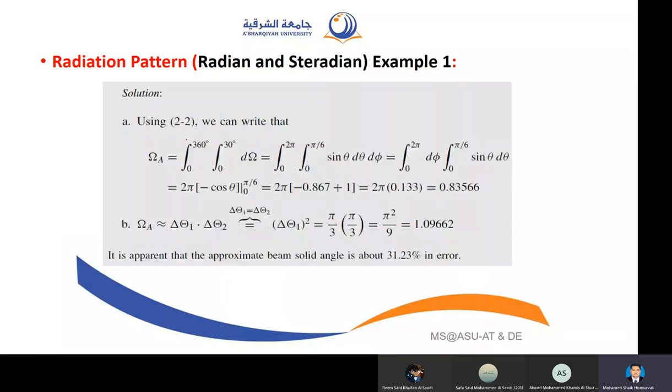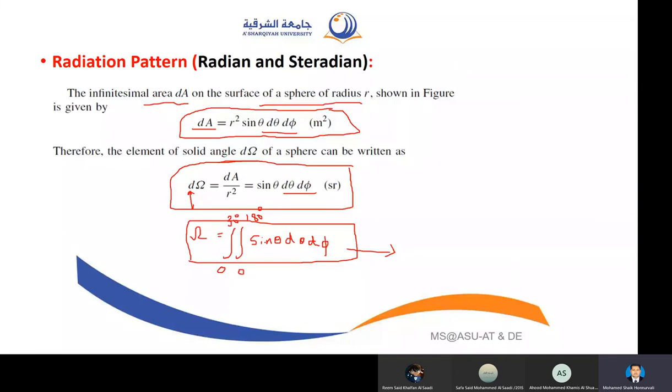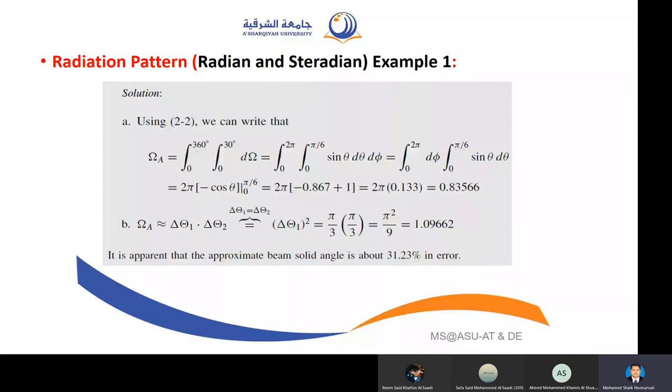Let's see the solution here. Using this equation, which I just derived, I can write the solid angle as the integral from 0 to 360.